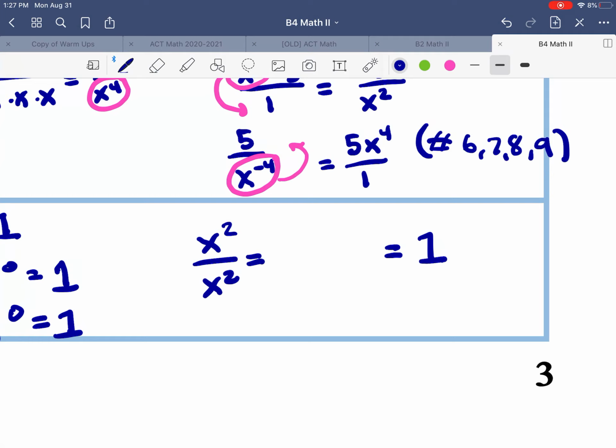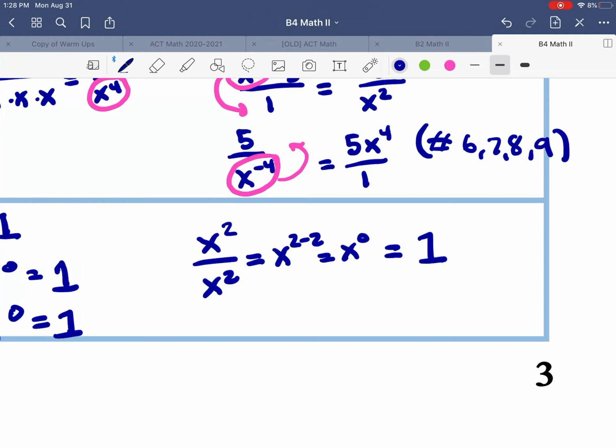And having already made the rules for exponents, they also know that if you use the rule of subtraction for dividing terms with exponents, you would end up with x to the 2 minus 2, because you're subtracting the exponent in the denominator from the exponent in the numerator. So we're taking away 2 from 2, which ends up being x to the 0 power.